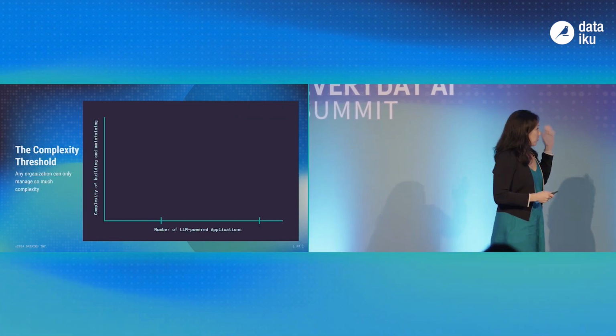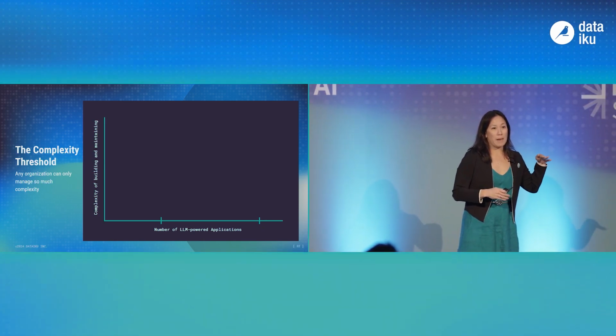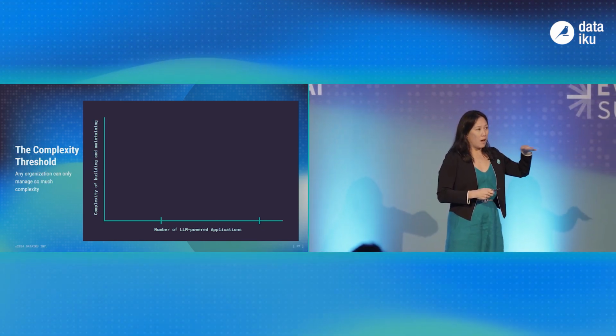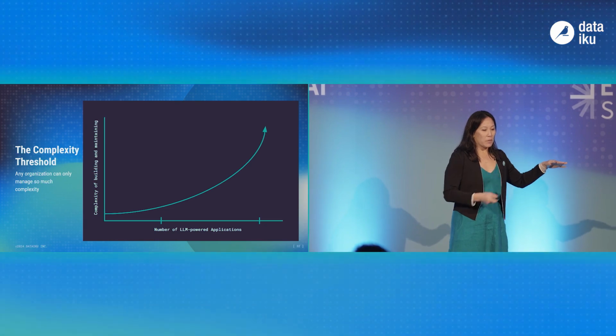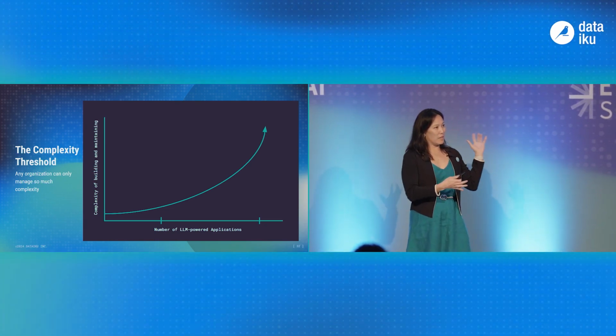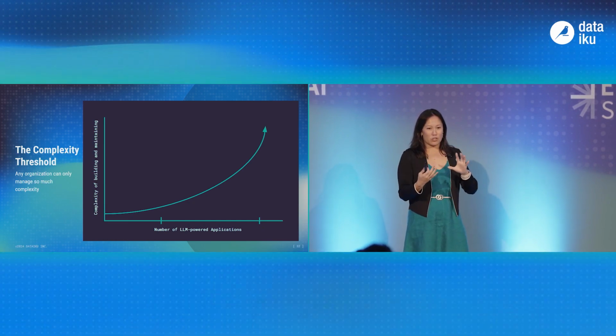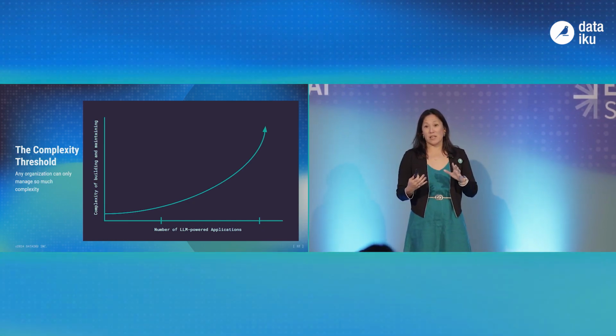Now, a different diagram than Catalina showed, but if you imagine the number of applications that you can build on the x-axis and the complexity of building and maintaining them, it's not quite linear, because as we saw in that last mesh diagram, once you have these interdependencies, it starts to really add complexity in a way that's unsustainable.